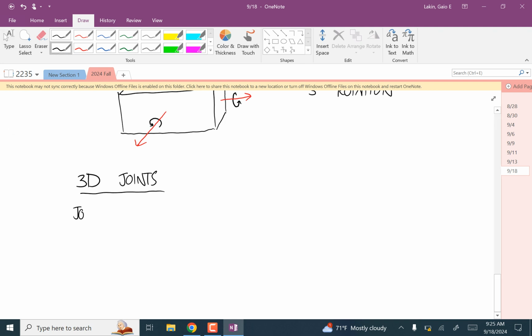So joint category 1. These are joints that apply a force in a known direction.